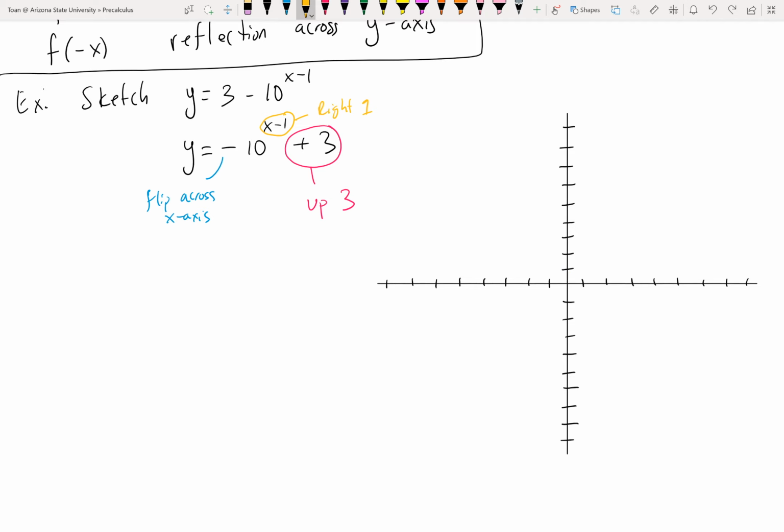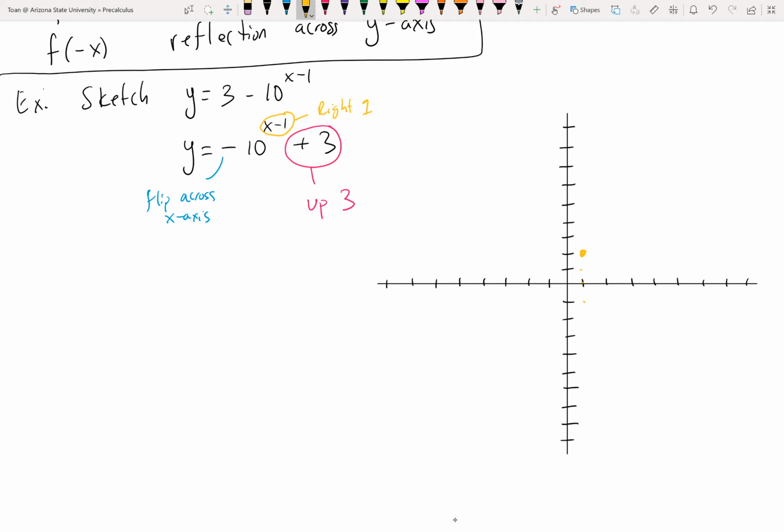So then listen to the instructions. At (0, 1), we're going to completely flip him upside down. So this point will go down here because we have to reflect across the x-axis. Now from this point, we're going to listen to our instructions. Right 1, up 3. So from that point, I'm going to go right 1 and up 3. There is our new point.